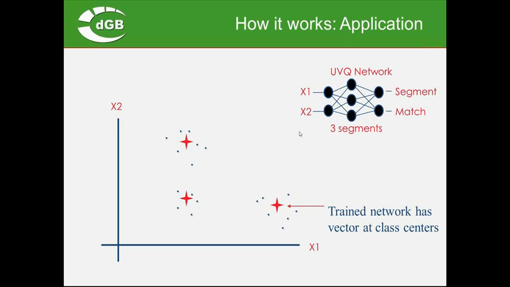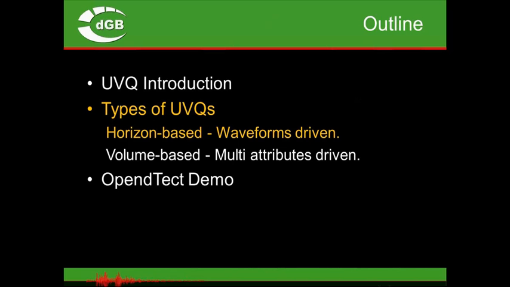If it's, let's say, somewhere here, it will still be assigned to class 3, but the match will be, let's say, 0.85 or something like that, but less. So this is actually how the algorithm works.